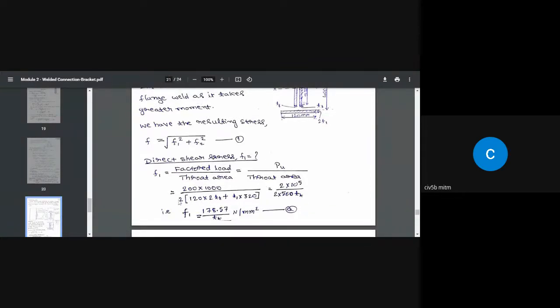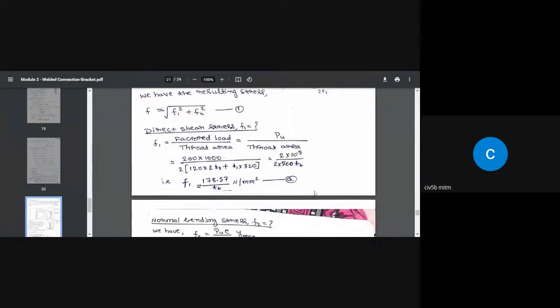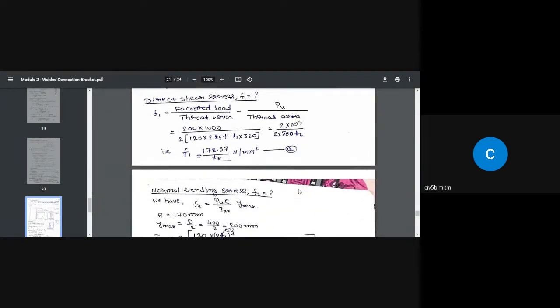So finally we got the throat area. Design load divided by the throat area gives the design shear stress to which the weld is subjected. Here TT is the unknown, the thickness of the throat.